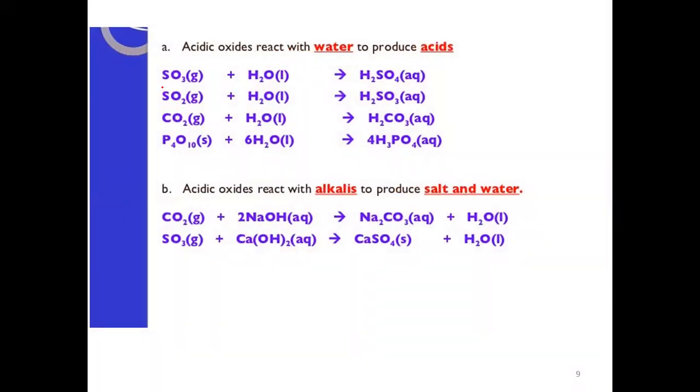Here are some examples. SO3(g) plus H2O(l) gives H2SO4(aq). SO2(g) plus H2O(l) gives H2SO3(aq). CO2 plus H2O gives H2CO3. P4O10 plus 6H2O gives 4H3PO4. B. Acid oxides react with alkalis to produce salt and water.